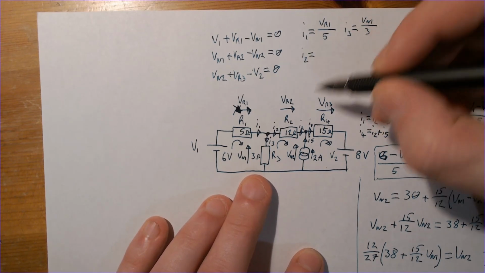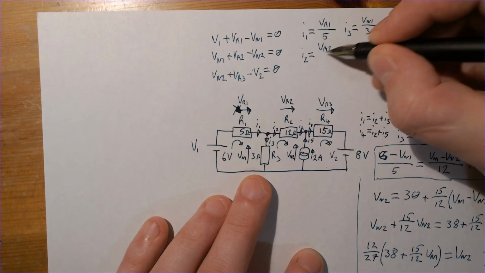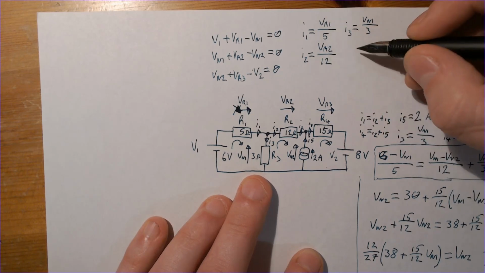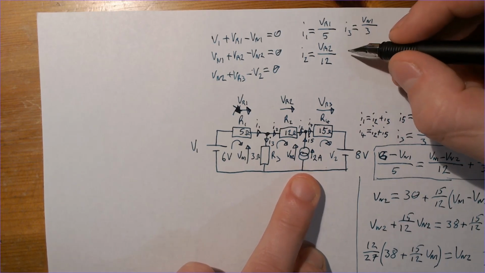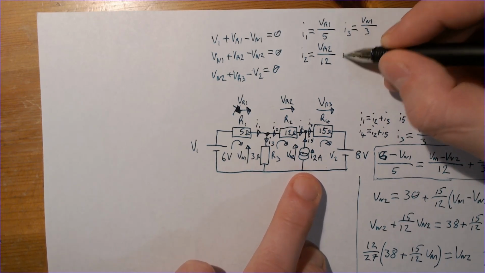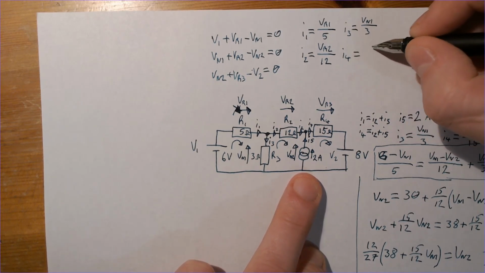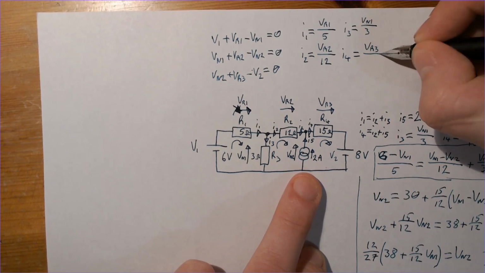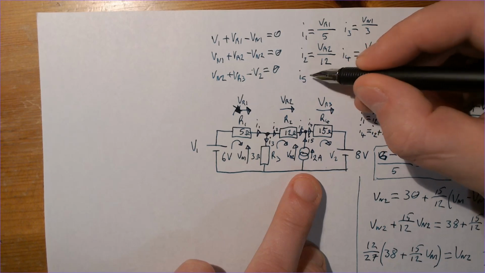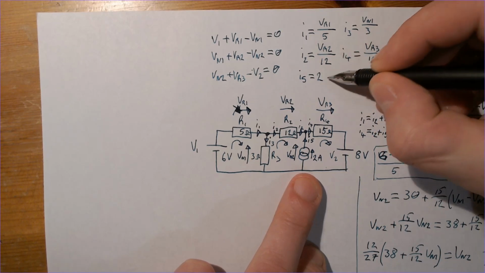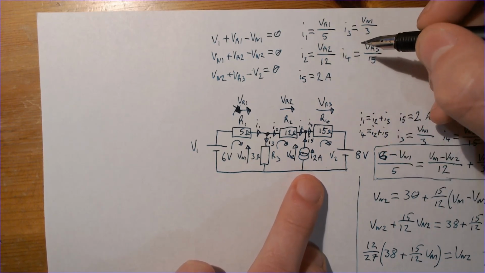I2 equals VR2 over 12. And I4 equals VR3 over 15. And I5 equals 2 amps. We know that already.